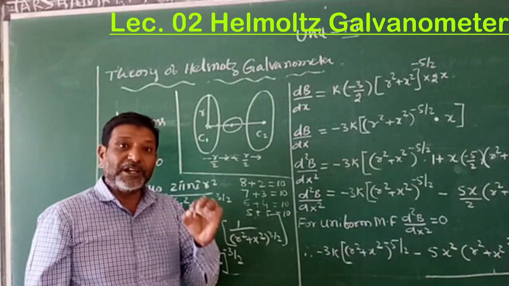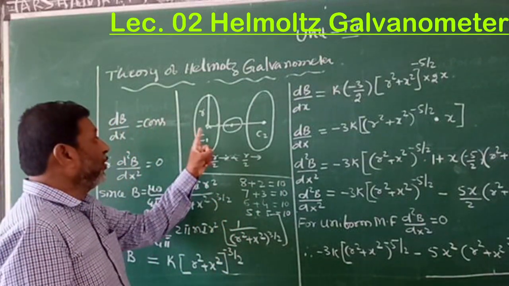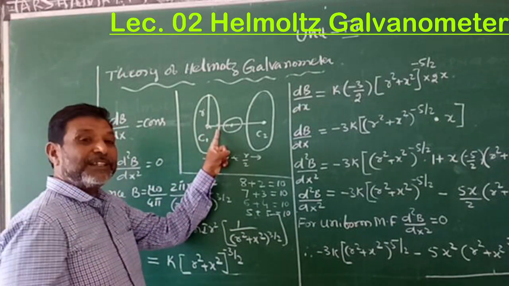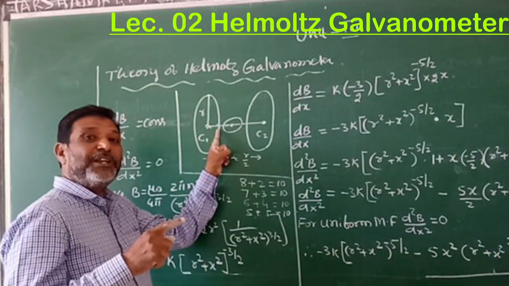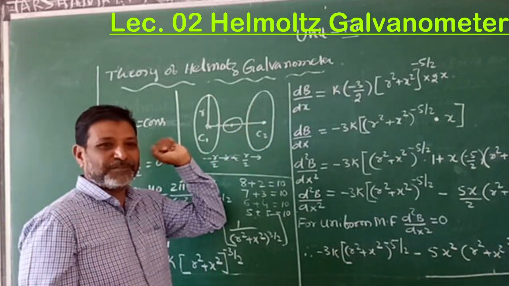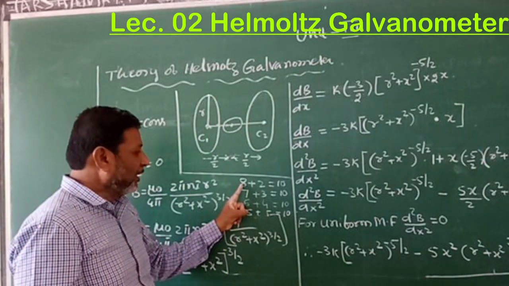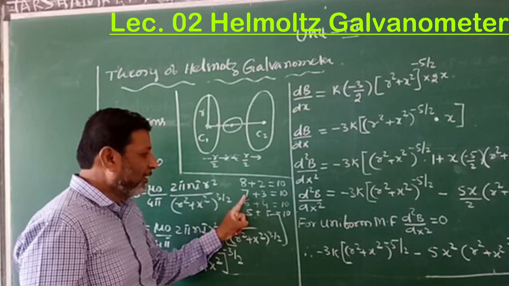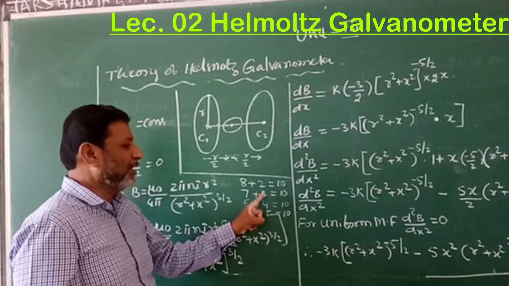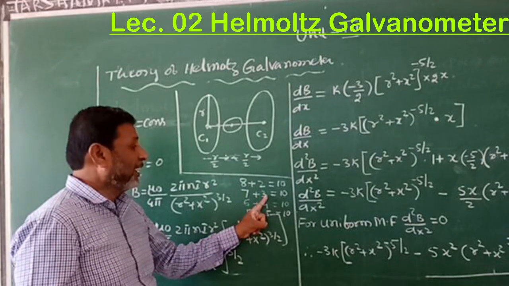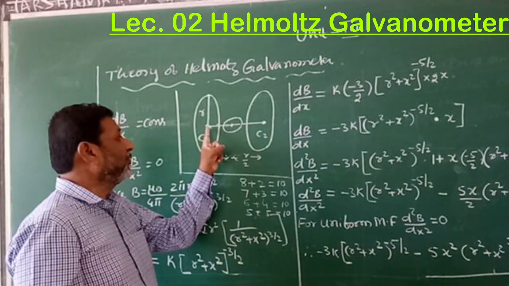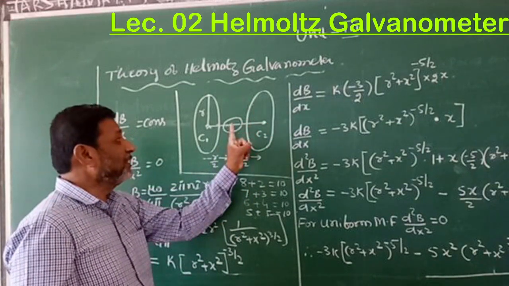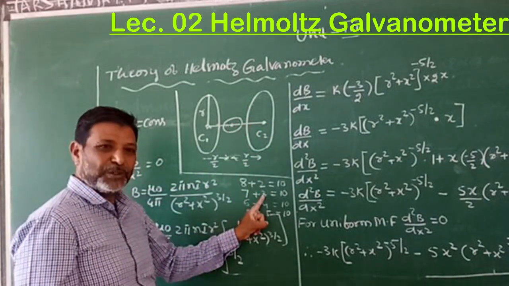The rate at which the field due to C1 decreases, at the same rate the field due to C2 increases. Here it has reduced from 8 to 7, by 1, and the other has increased by 1, from 2 to 3. That is, the rate of decrease of the field due to C1 is equal to the rate of increase of the field due to C2.